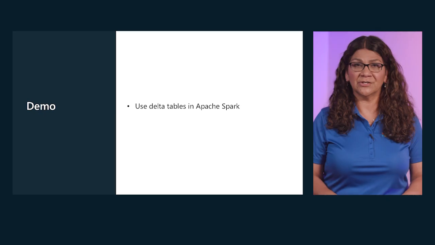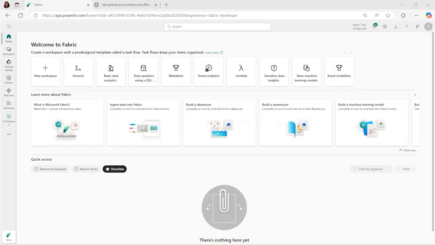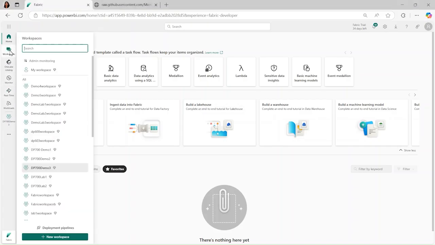Now it's time to use Delta tables in Apache Spark. Welcome to how to use Delta tables in Apache Spark. We're going to do a little demo here that will get us started with how to work with Delta tables in Apache Spark. How we're going to do it is we're going to open up a workspace.